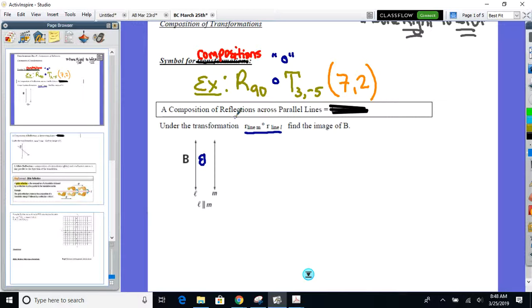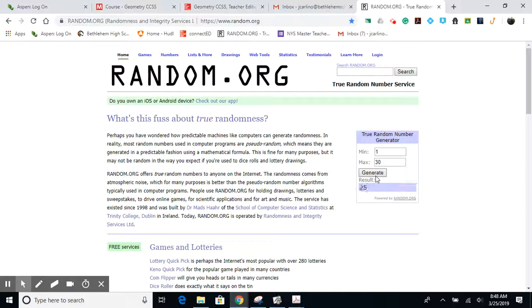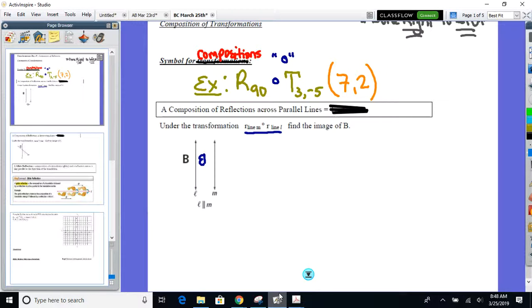And then keep going to the left. I'm going to take that B and do what with it? Watch your map. Don't look at the one example I gave. Right here, under this one right here. So I reflected it over line L. Keep going to the left.